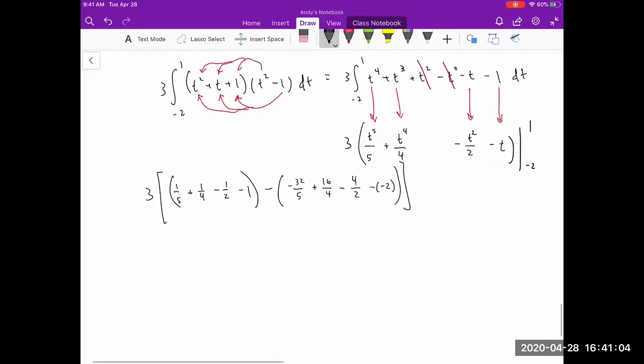So a lot simplifies here. Let's see. So here's what I'm going to do. I'm going to notice that, well, 1/2 minus 1/4 is 1/4. So 1/4 minus 1/2 is then -1/4. Okay? So I'm going to leave those like that. So I'm going to leave it as 1/5 minus 1/4 minus 1.